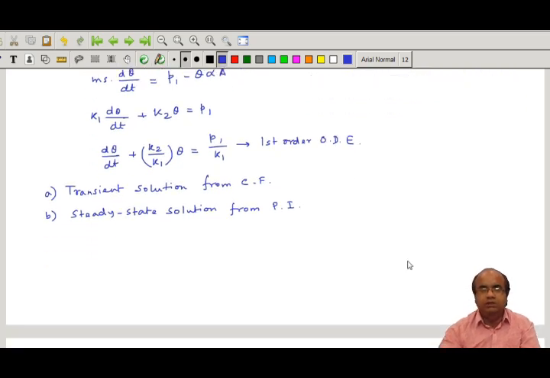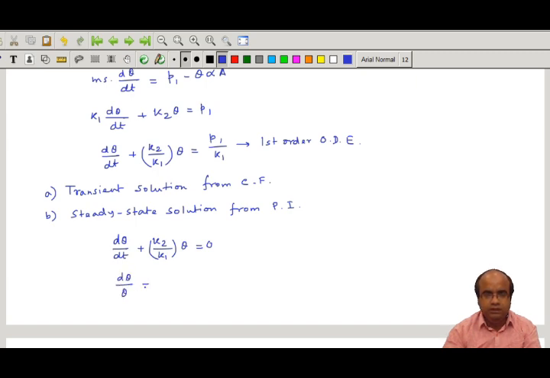Now come to the complementary function, by equating the right hand side of the equation to 0. d theta by dt plus K2 by K1 theta equals 0. Now we can write from this equation d theta by theta equals minus K2 by K1 dt.